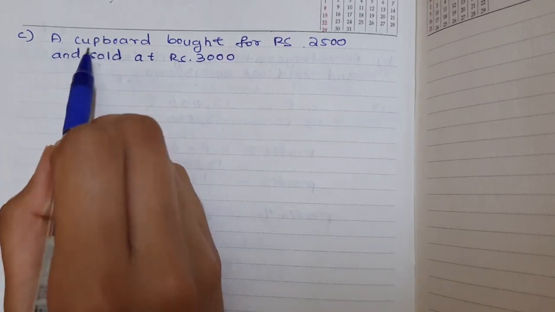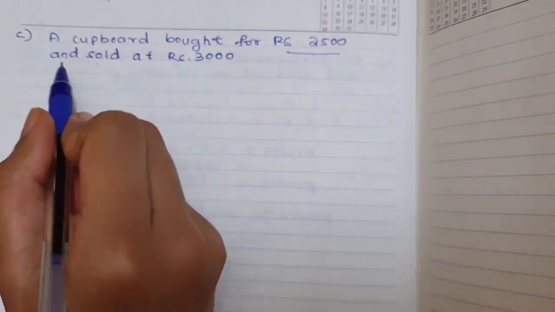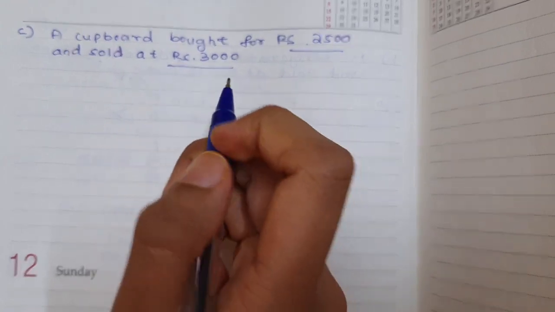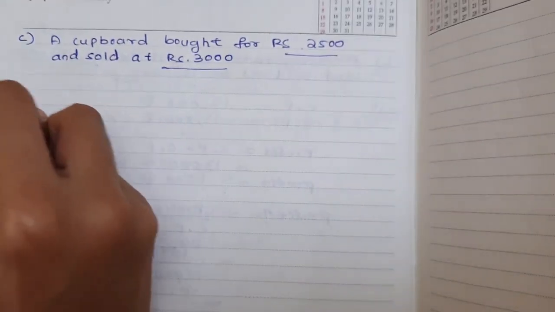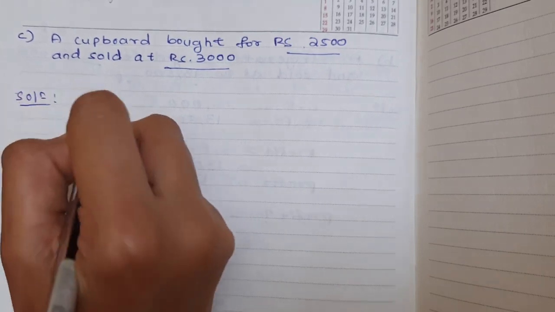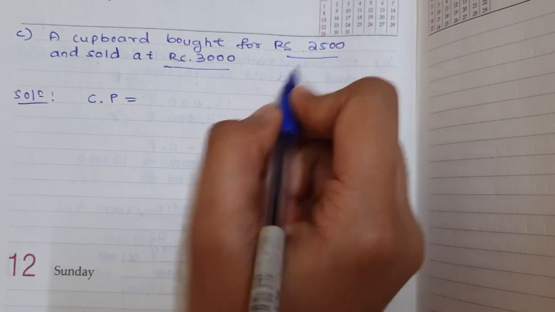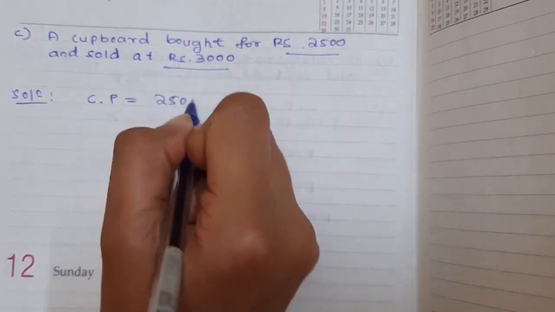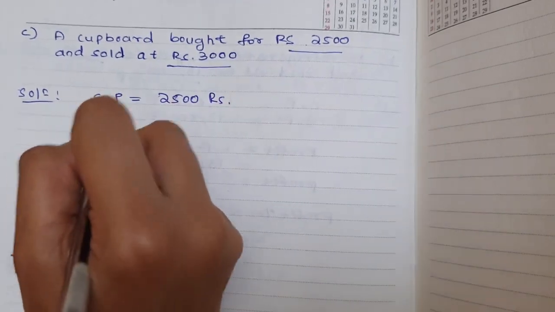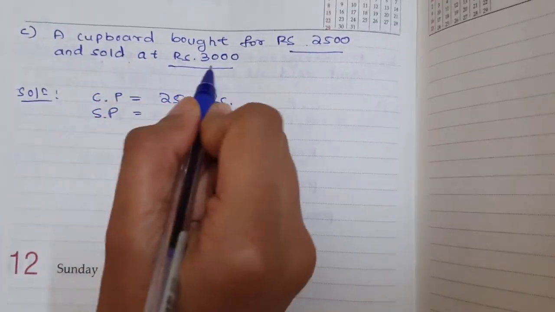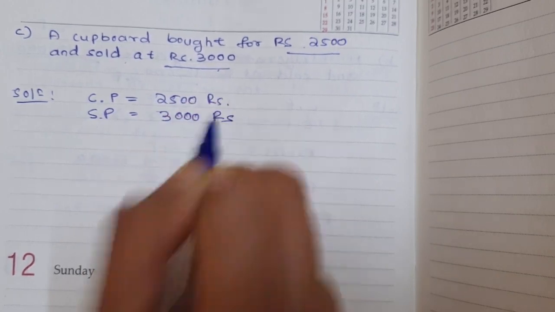A cupboard bought for rupees 2,500 and sold at rupees 3,000. That means what is the cost price and what is the selling price? Yes, bought for rupees 2,500 means the cost price is 2,500 rupees, and sold at rupees 3,000 means the selling price is 3,000 rupees.